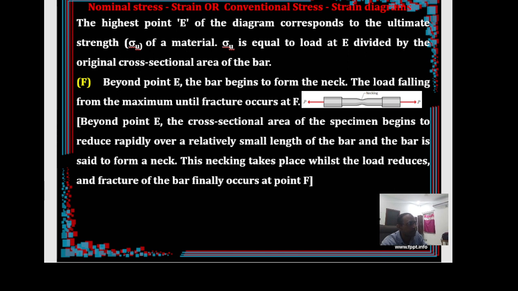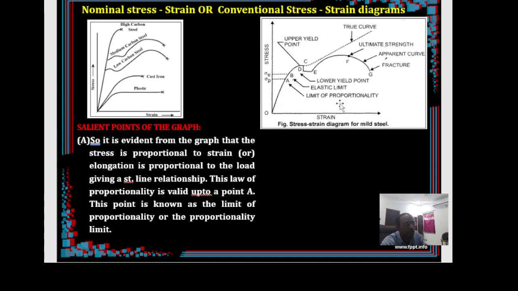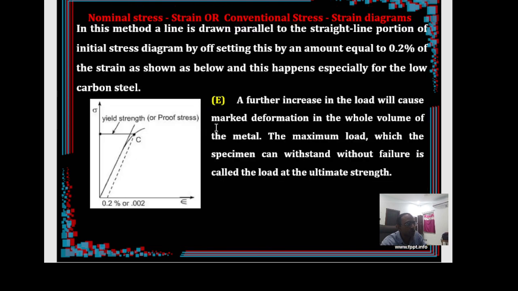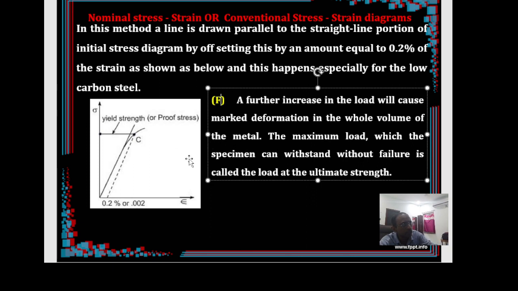What you see was represented as G in this case, but actually it is F. I will change it for the sake of readers. This one here we are calling F. There is no such significance for the point E as such in our discussion.